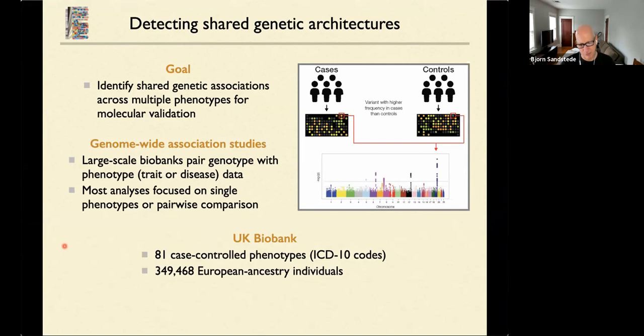And so there's a step in there where we said that the ICD-10 codes correspond one-to-one with a certain disease, and there are flaws with that generally, but that was the information we had. So we basically used that. The idea is that you have a number of cases, people who have a certain disease, and you have controls.